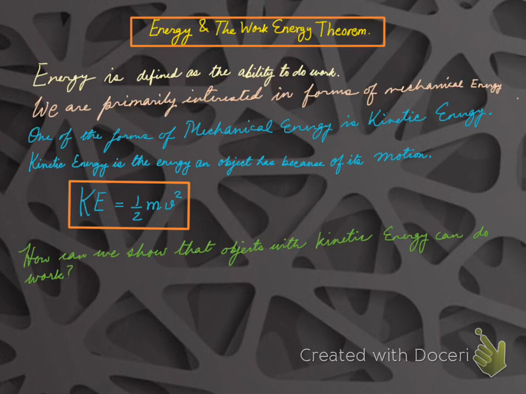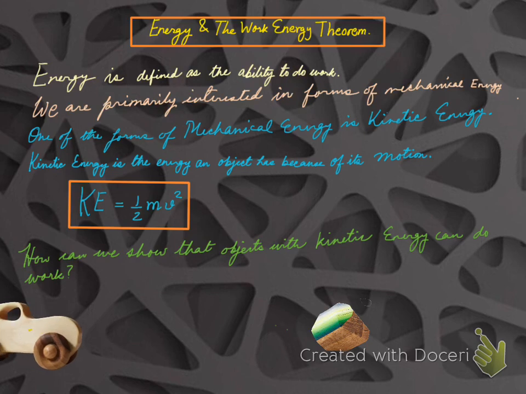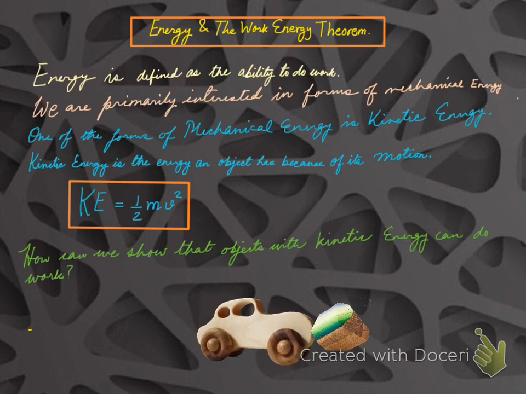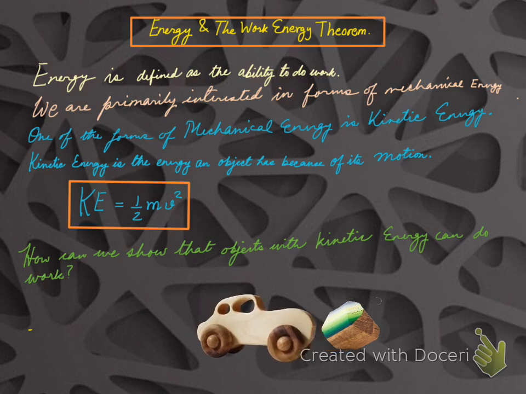Now, how can we show that objects with kinetic energy can do work? In order to do this, we are going to try a little demo here. So what I have here is a toy car, which is going to come over. The toy car now hits the rock, and the rock moves.